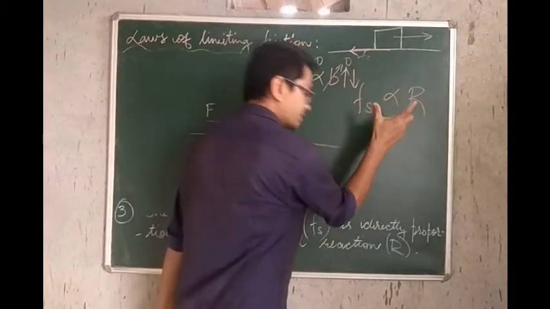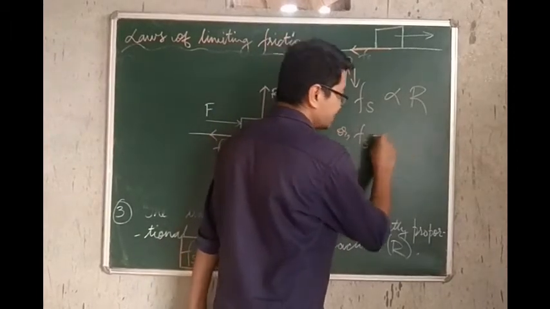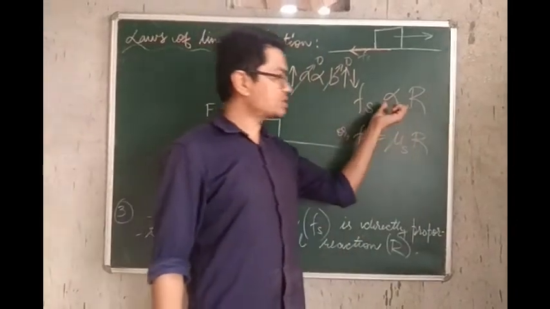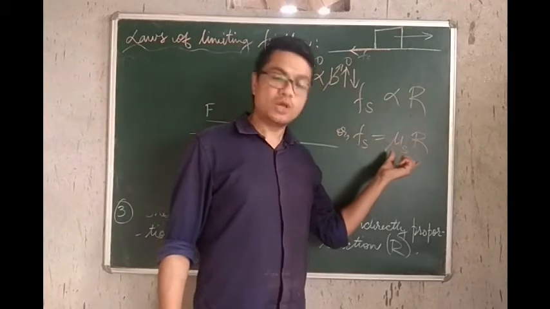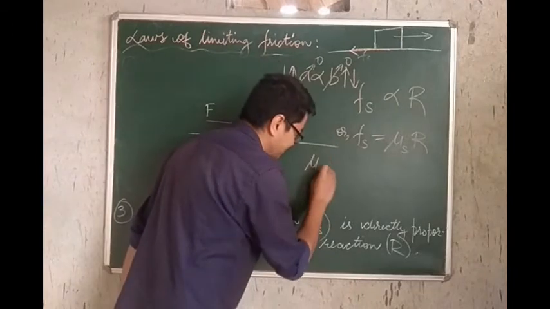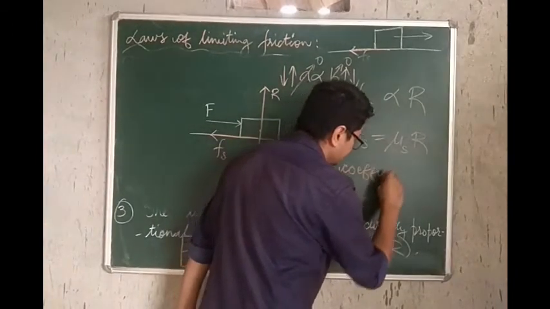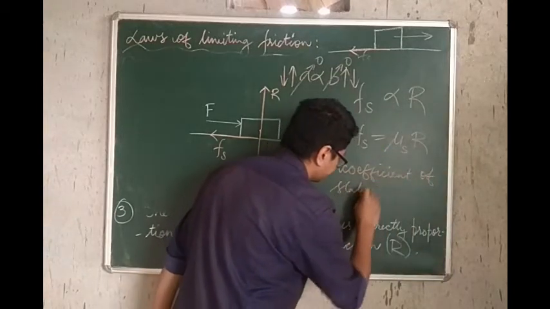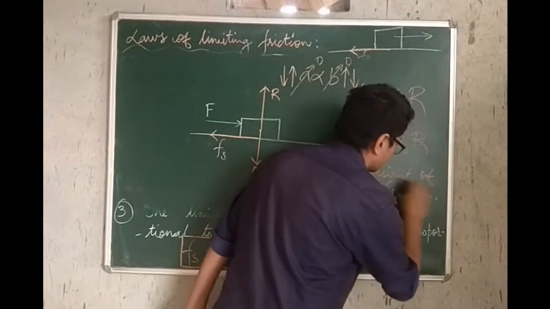So this relation can be rewritten as f_s is equal to mu_s into R. Now we know a proportionality sign can always be replaced by an equal to sign, provided we add some constant. And the constant of proportionality here, mu_s, has a name. It is called coefficient of static friction.